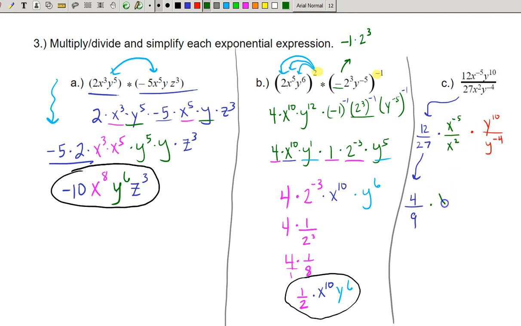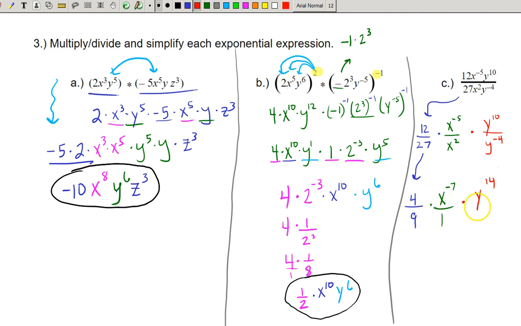And so this is going to be x to the -5 minus, I'm going to subtract, -2. So this is -7. Then I'm going to take the y's, and I'm dividing again, so 10 minus a -4. So that becomes 14.